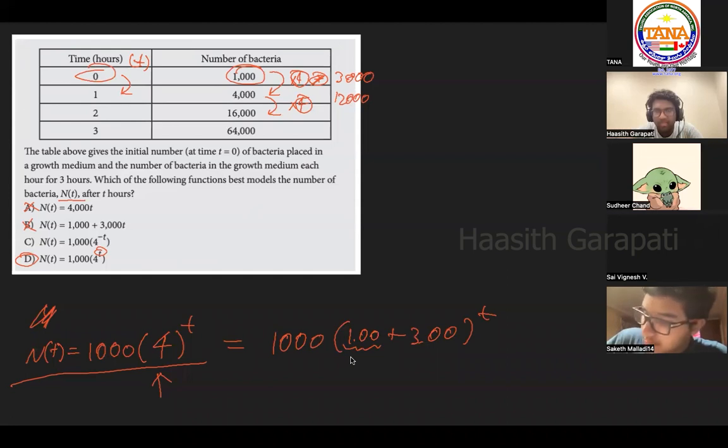And actually, multiplying by 4 is considered an increase of 300%. So that equals 300%.